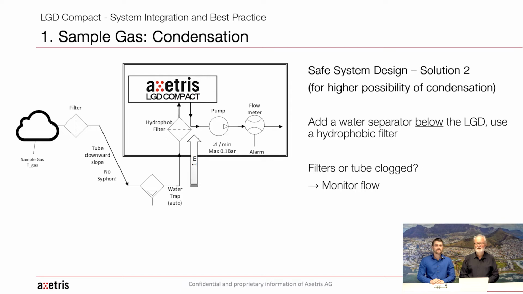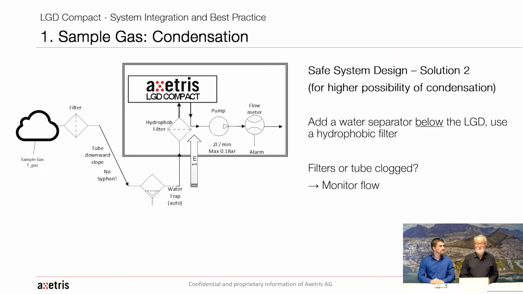And in there, all humidity is condensing, so it will not go into the Compact. You put the water trap down on the wall about 1 meter or more below the LGD Compact, and then it's impossible for the pump to suck in water.